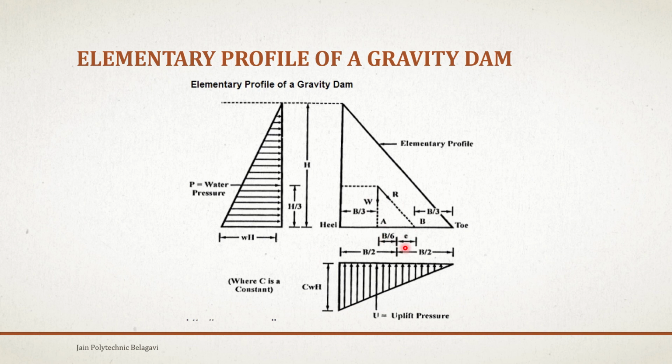As per that, the uplift pressure is going to vary. To find the uplift pressure, we have the formula C W H, where C is the constant, W is the unit weight of the material, and H is the total height of the water storage.